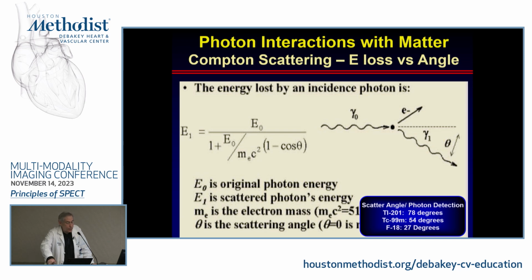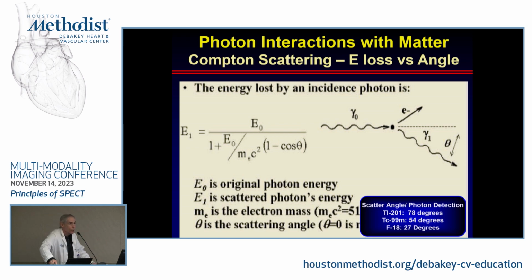The other thing that can happen, I already talked to you about a little bit, is Compton scattering. Compton scattering is a real problem, particularly with low energy photons, such as with thallium, which was a 72 keV photon, as compared to, let's say, technetium, which is 140 keV. So higher keV photons have less Compton scattering.